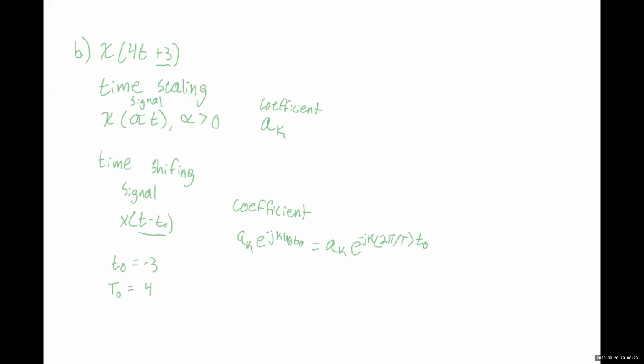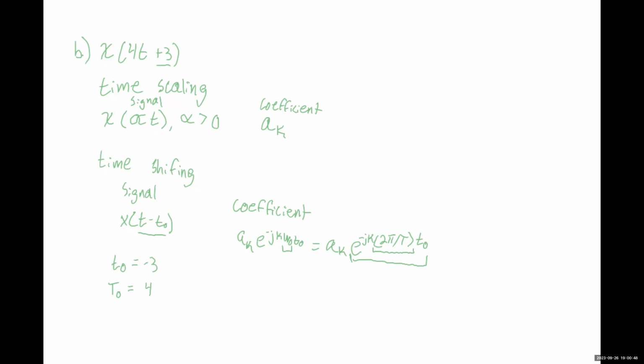So now we can use this section here, because our frequency is being expanded into 2 pi over T, as frequency is equal to 2 pi over the period.